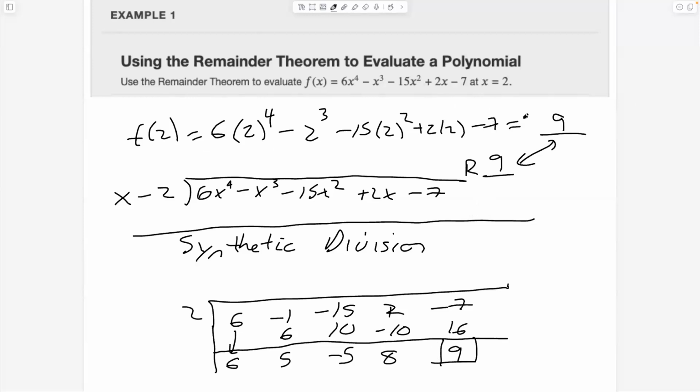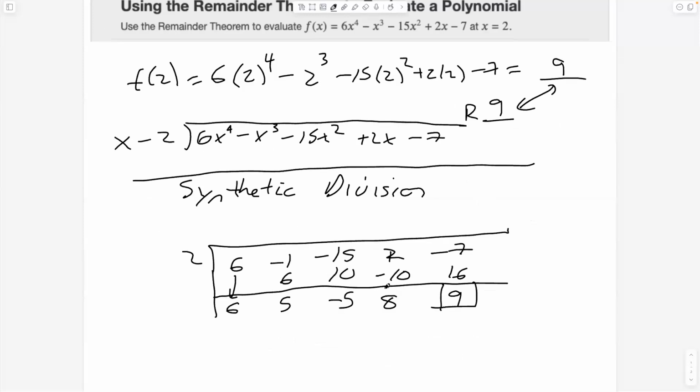Now, we also figured out something else. This here will be the coefficients of our quotient up here. Remember, we're dividing a 4th degree polynomial by a 1st degree. So when we're using synthetic division, we're always going to go down by 1 degree.